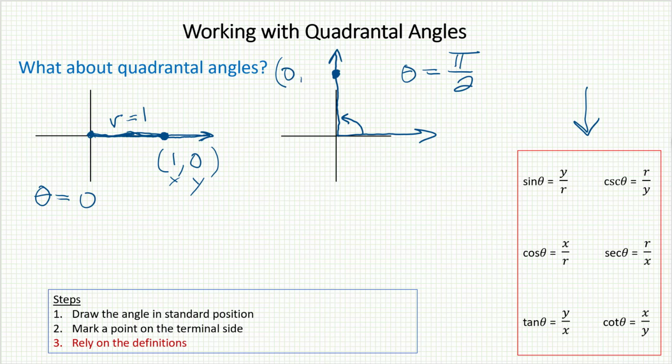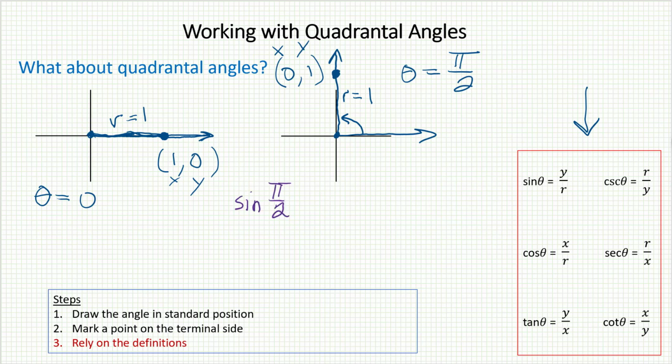I think the easiest point here would be 0, 1. So there's my x and y. R is the distance from the origin to the point on the terminal side. Clearly then r would be equal to 1. Notice that for any quadrantal angle I pick, I can always use zeros, ones, negative ones as my values.